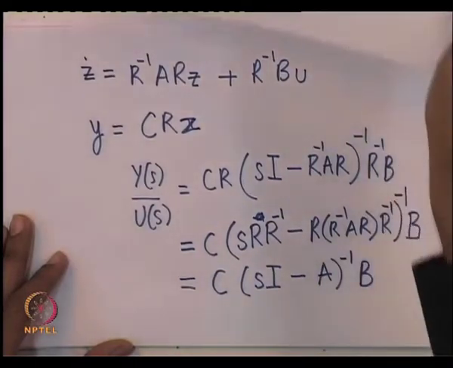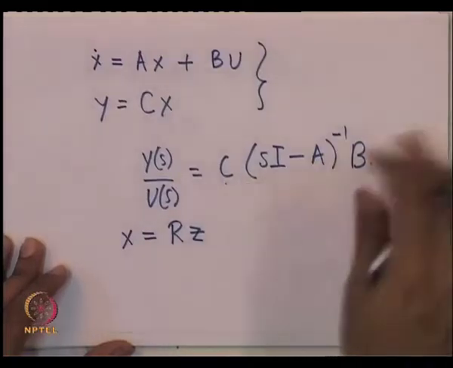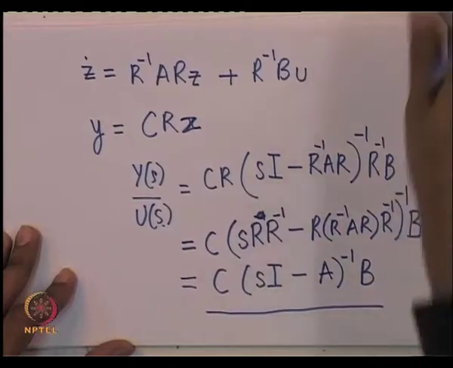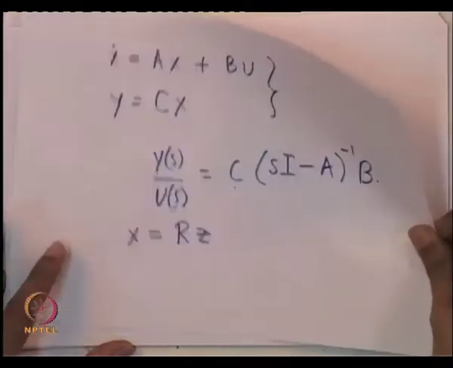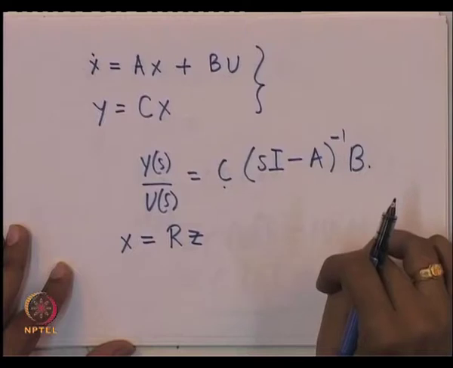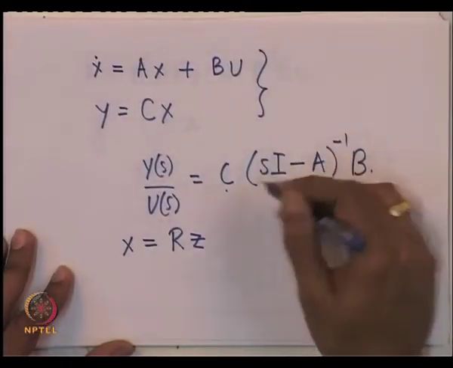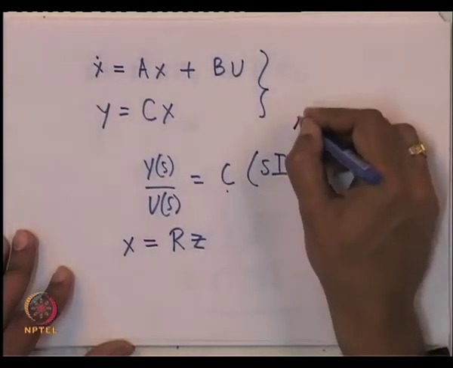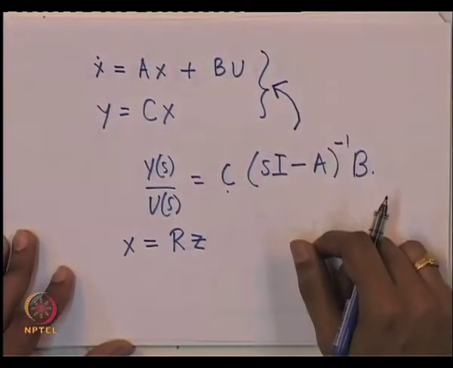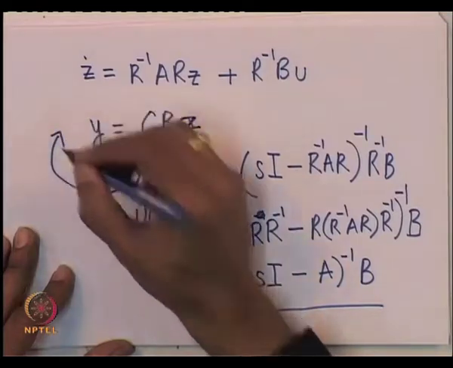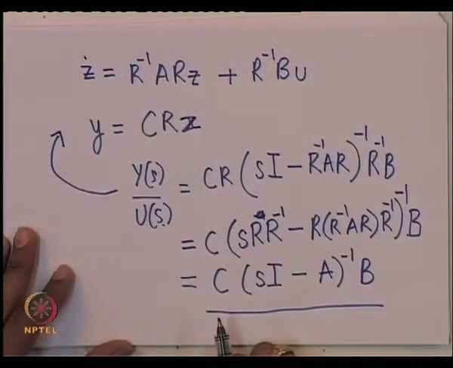So, what you have here is the same transfer function. This transfer function and this transfer function in fact match exactly. So, if you have got a transfer function, you can either get to a state space of this kind or you can get a state space of this kind, and both are valid representations of your system.